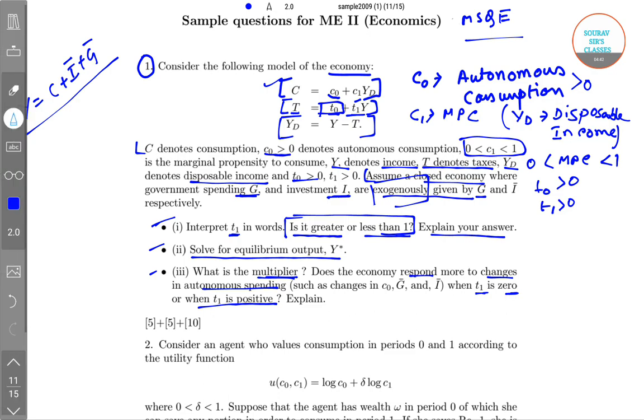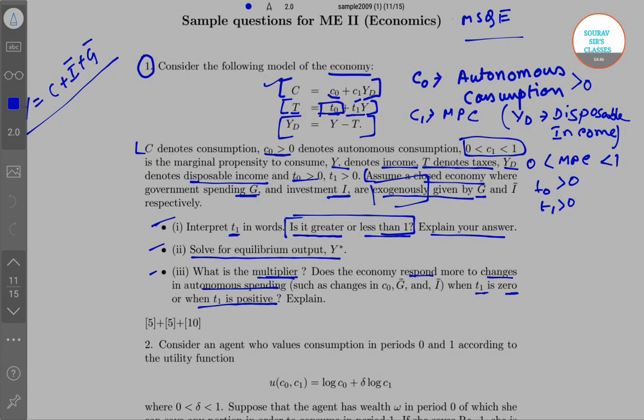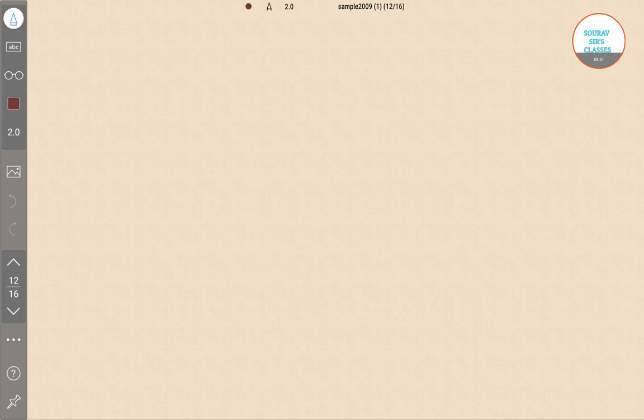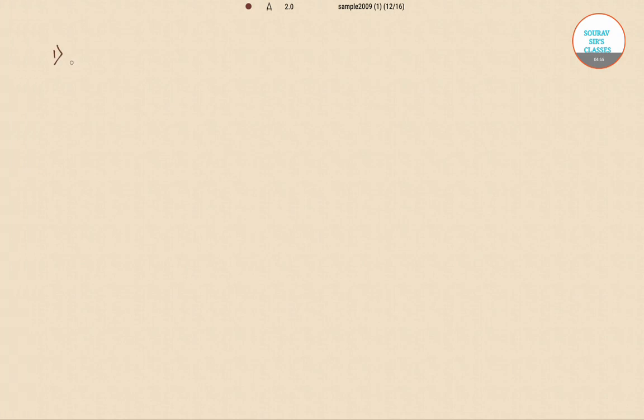For this, allow me to insert a new page, where I will be doing it. For question number 1, we know the equation is aggregate supply, denoted by Y, equals C plus I bar plus G bar.